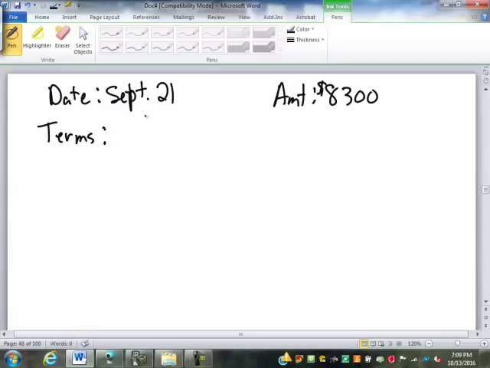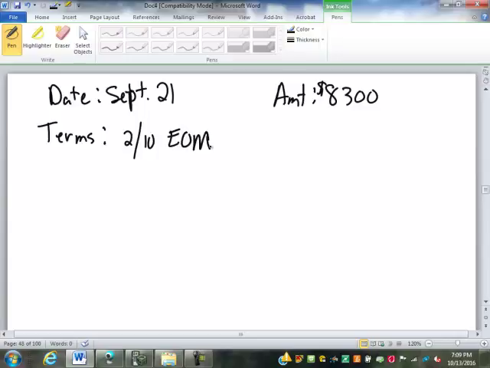Terms. There's still usually a discount period, 2/10, but there isn't a net 30. Usually just listed as 2/10 EOM. So there's no net 30, net 60, or whatever. It is assumed with EOM that it's a net 30. Because your net is usually the billing cycle, the billing period.